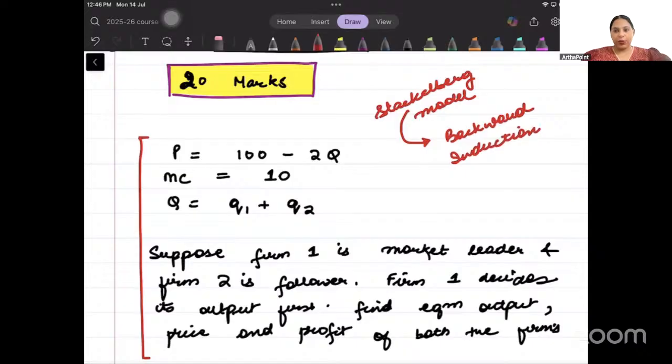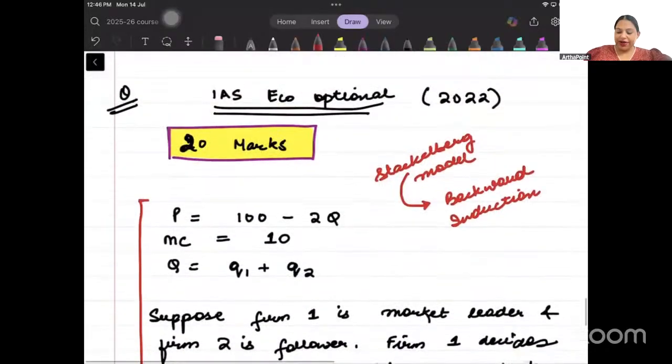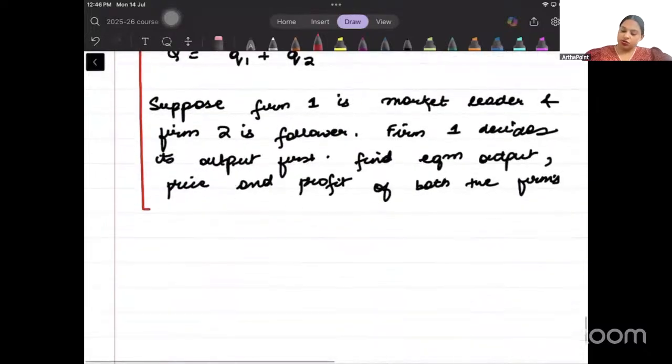We need to follow backward induction, right? Now think about it. So you should write certain things down. It's a 20-mark question. How will you start the solution?